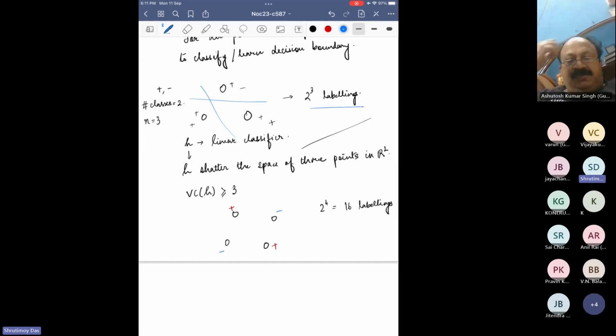It is not possible to draw a line or find a linear decision boundary which correctly classifies these points, right? So if we are considering this H to be a linear classifier, then we cannot shatter this space of 4 points. So here we say that H cannot shatter the space of 4 points in R2.